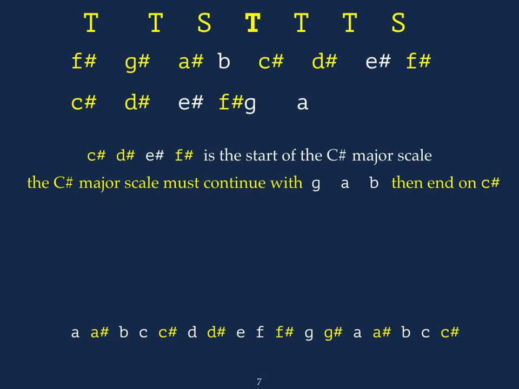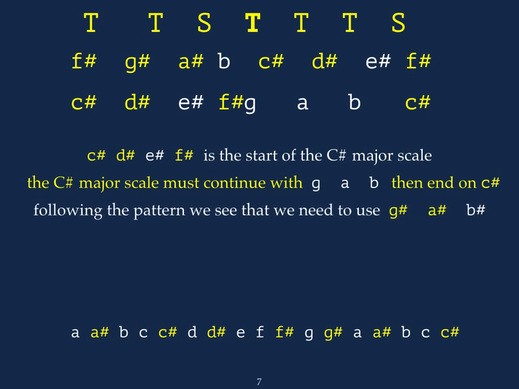G, A, B and C sharp at the end. Following the pattern, we see that we need to use G sharp, A sharp and B sharp. Looking at the top, G sharp instead of G, A sharp instead of A, and B sharp instead of B.